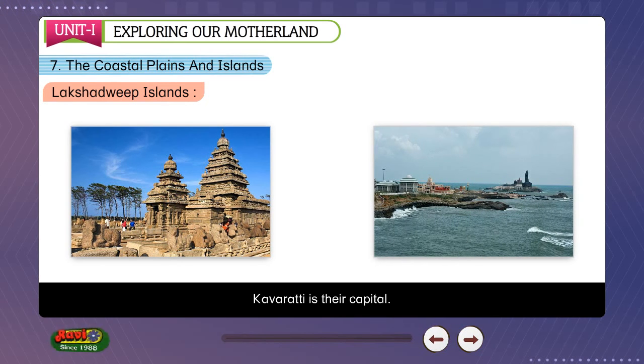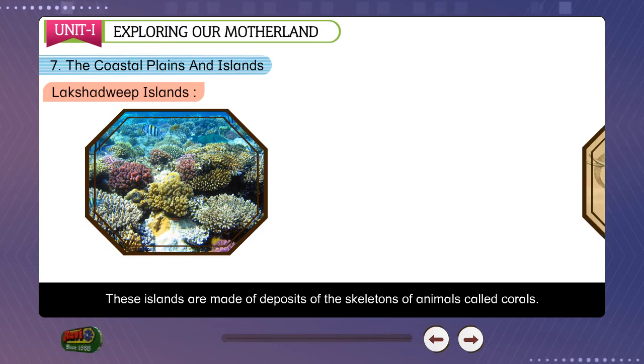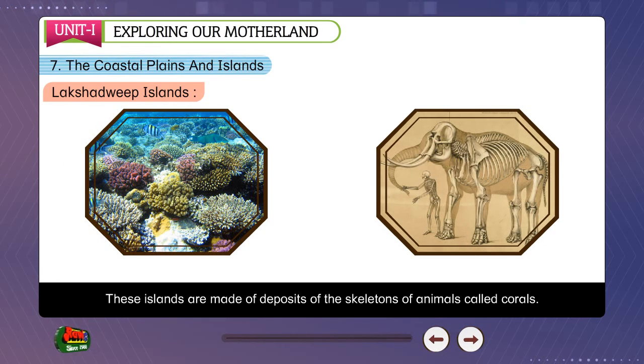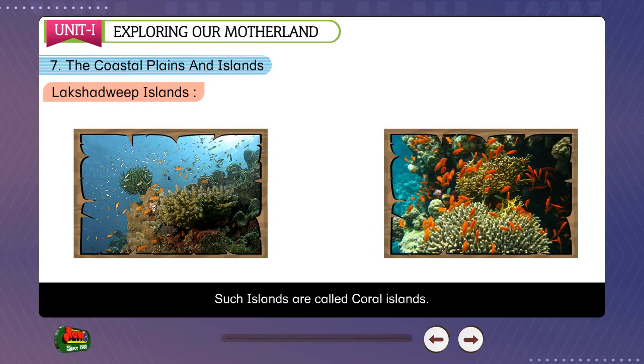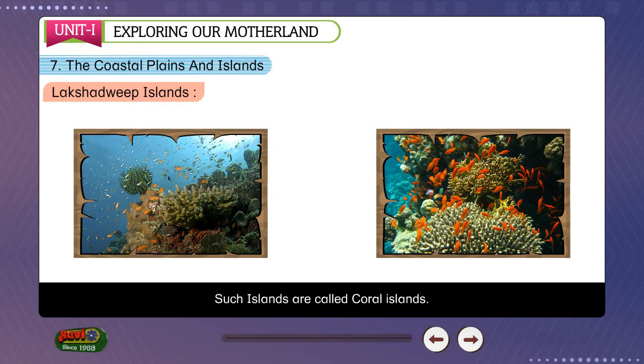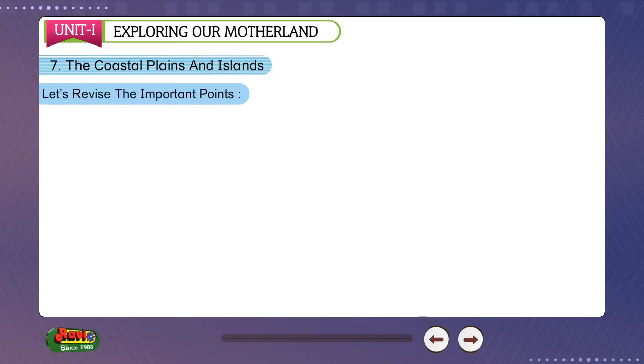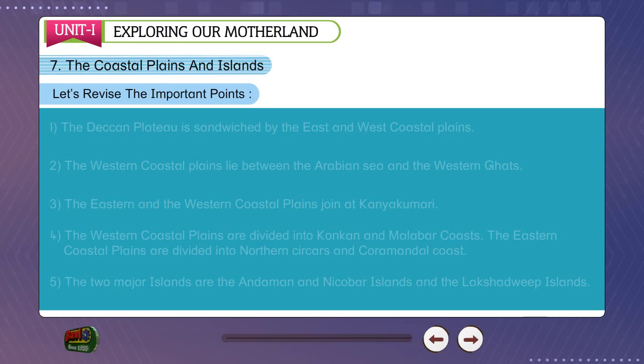Let's revise the important points. 1. The Deccan Plateau is sandwiched by the east and west coastal plains. 2. The western coastal plains lie between the Arabian Sea and the Western Ghats. 3.